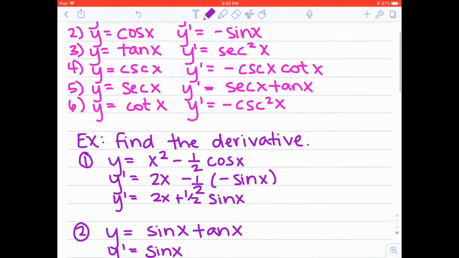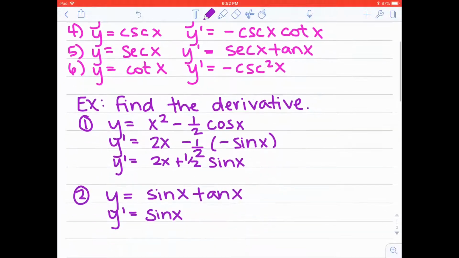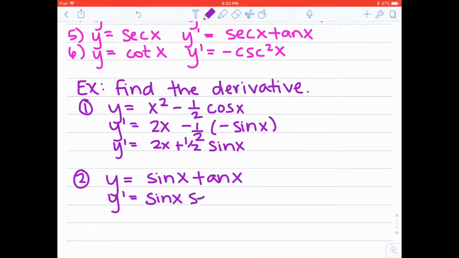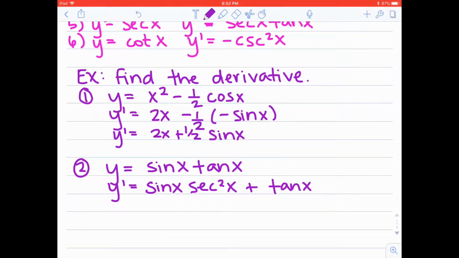The derivative of tan x is secant squared x. So sine x secant squared x plus the second times the derivative of the first, and the derivative of the first is cos. And that is it. We don't have to do anything else.